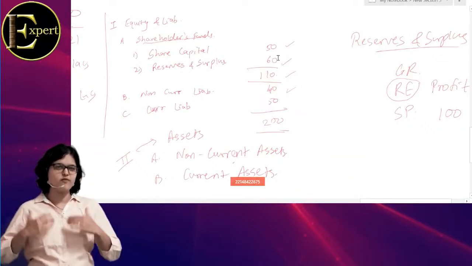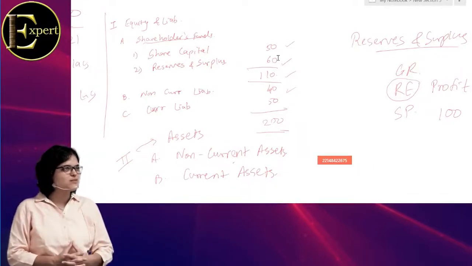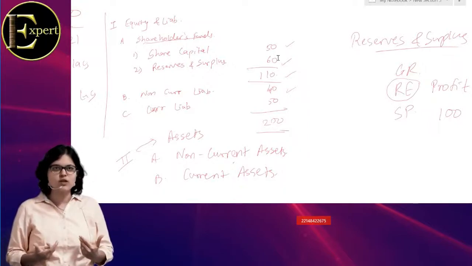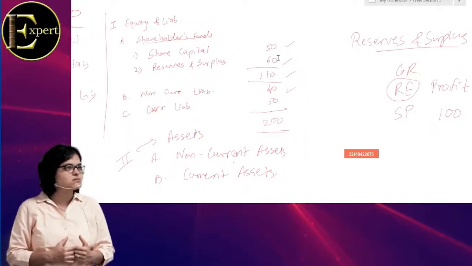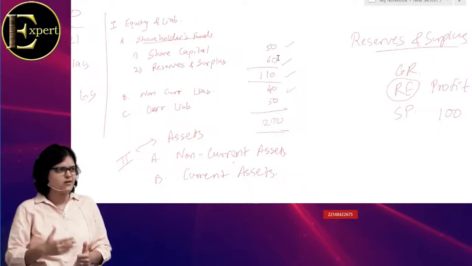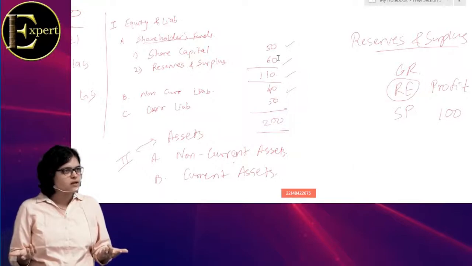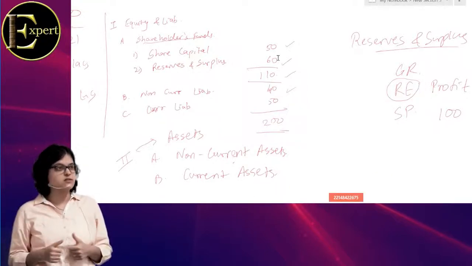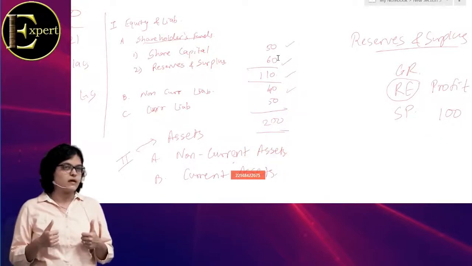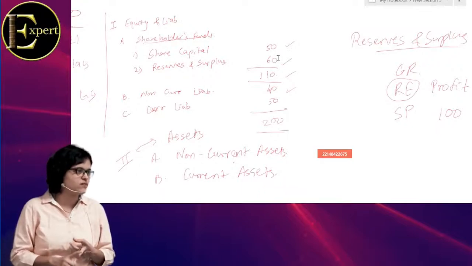So the moment you have more and more reserves and surplus, the company is going to distribute that at some point of time. What will the company do by keeping it to itself? How can it distribute these reserves and surplus? By giving either dividend, or maybe bonus shares. Correct? So whenever you're investing in a company with very high reserves, that's a positive sign, and you yourself gain more chances of getting bonus shares or dividend.